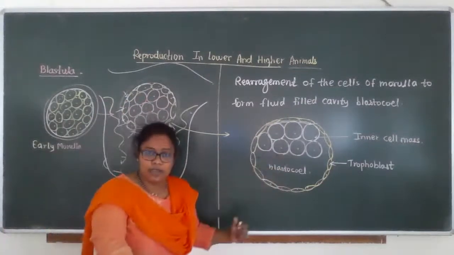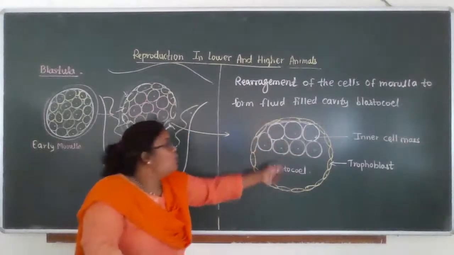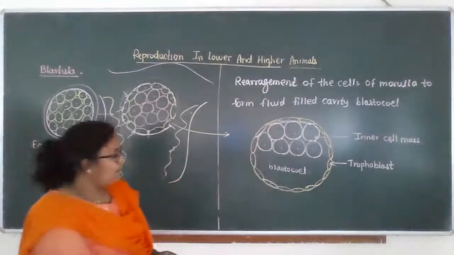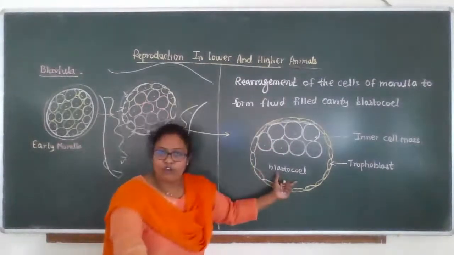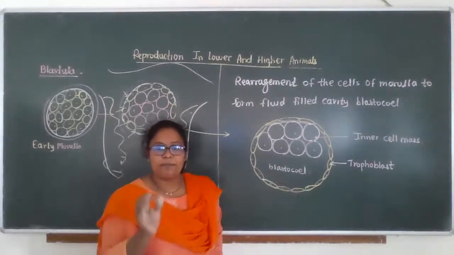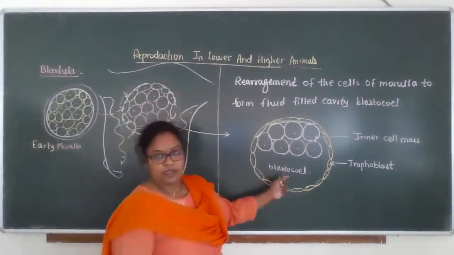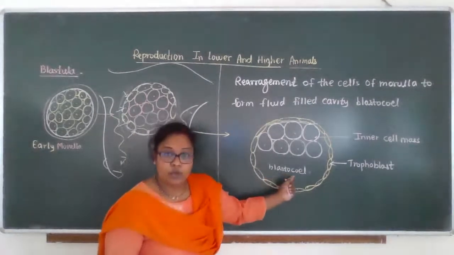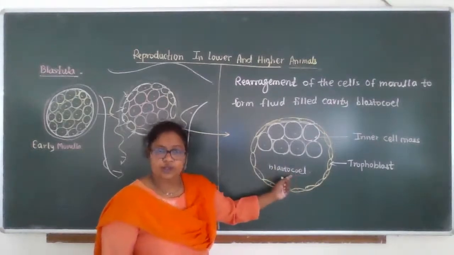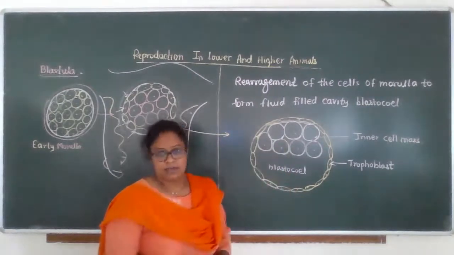The cells get straightened, move in an upward direction and stick to one end to form a fluid-filled cavity, the blastocyst. So the unique feature of blastula is the formation of the blastocyst, which contains uterine fluid, and this uterine fluid is used for the nourishment of the inner cell mass.